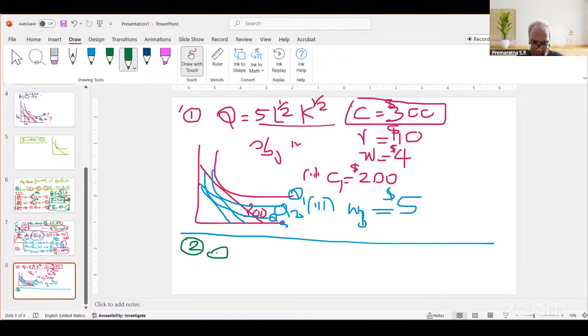For example, the production function, let's say L K. Here I may give the amount of output your management has set as the target to produce. And W, say 5, and R, let's say 6.